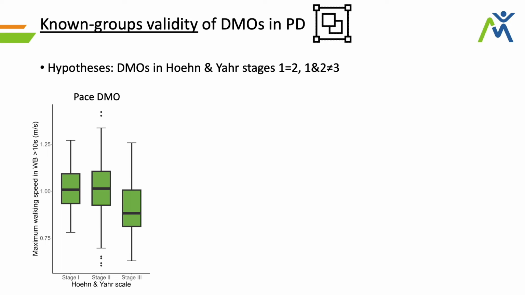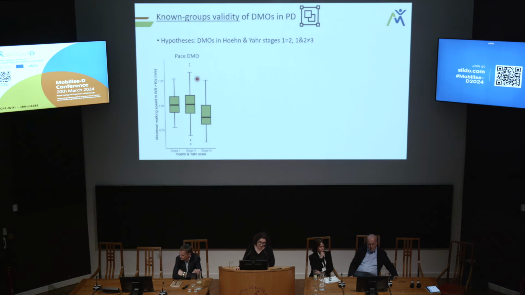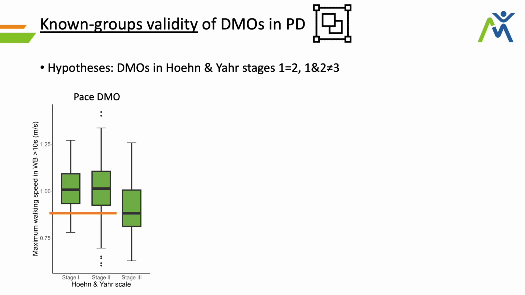In this case, the hypothesis as put by the clinicians was that the DMOs in Hoehn and Yahr stages 1 and 2 would not be different, and they would be different from 1 to 3 and from 2 to 3. This is one of the pace DMOs, maximum walking speed, and as expected, there are no differences between Hoehn and Yahr 1 and 2, and Hoehn and Yahr 1 and 2 have a different value than Hoehn and Yahr 3, as expected.